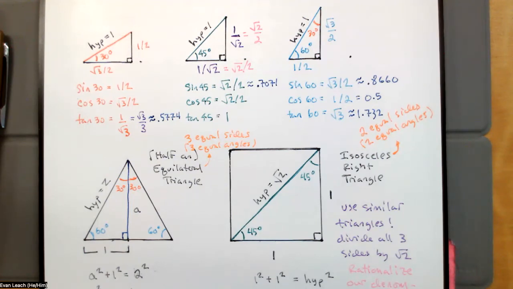Now we know sine, cosine, and tangent of 30, 45, and 60. We'll take our knowledge of quadrants to move all those into figure out references.